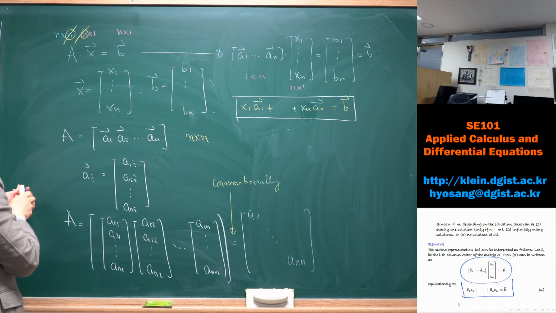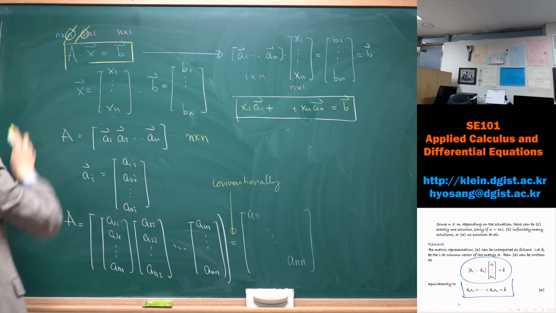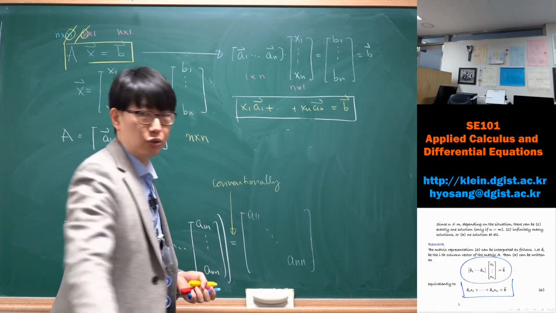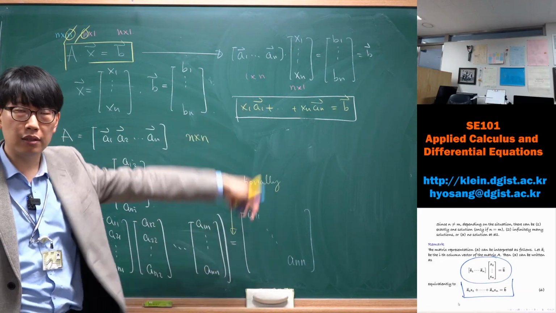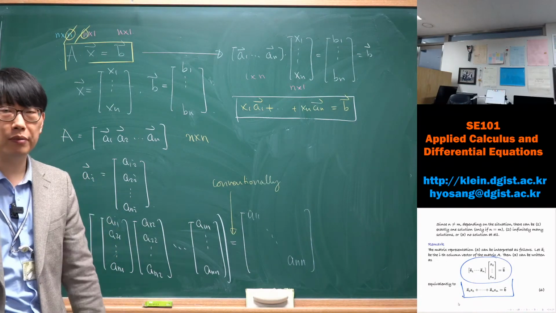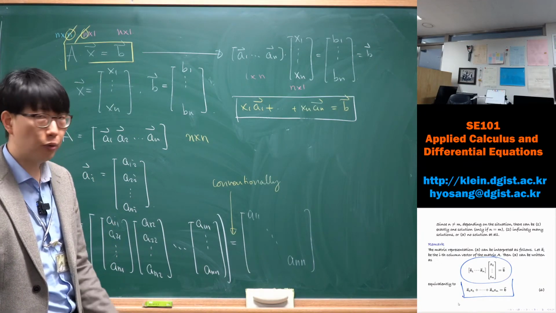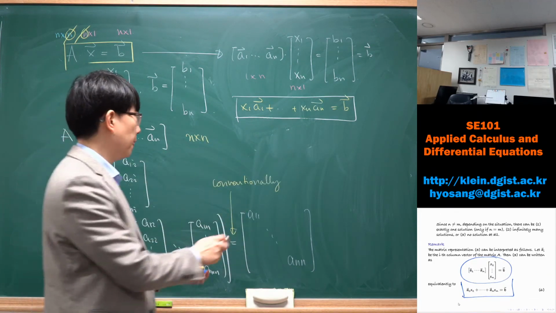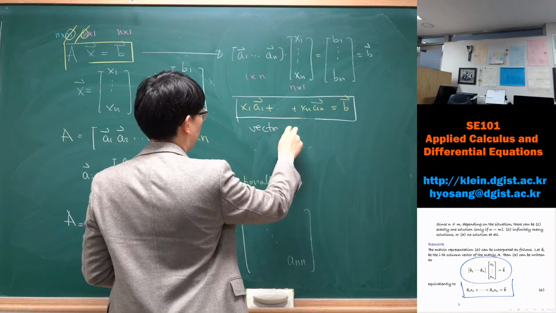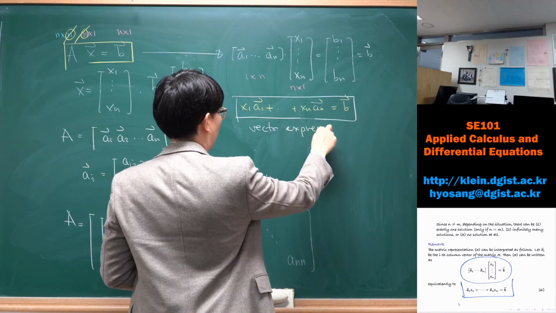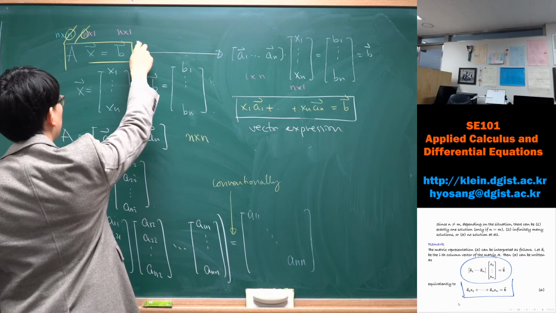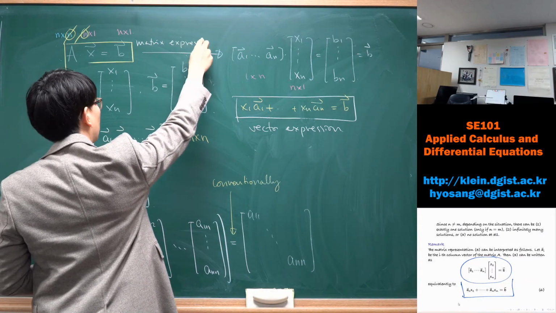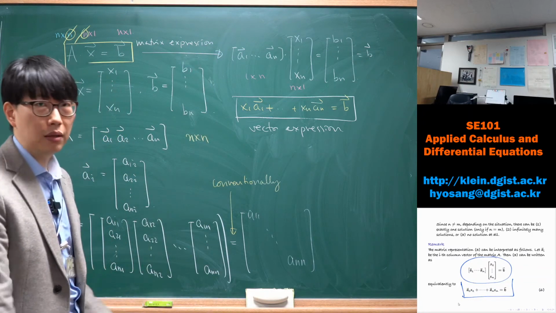So this expression, A times x equals B, can be written in the same way as this expression, where each Ai is taken as a column vector of the matrix. And what's the difference? Well, this is the matrix expression, and this is the vector expression. They are telling the same thing.